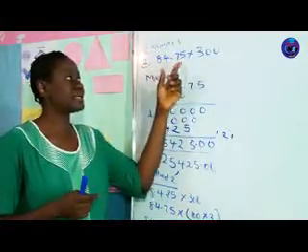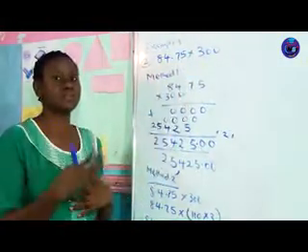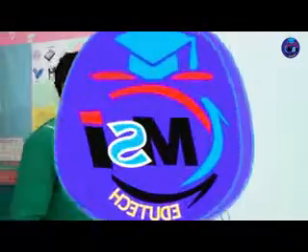We have multiplied decimals by whole numbers. Now I want to multiply decimals by decimals.